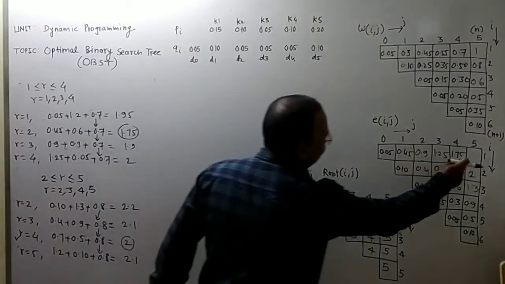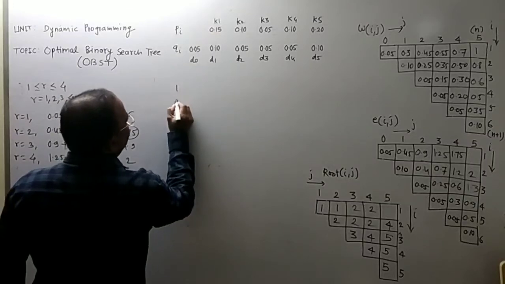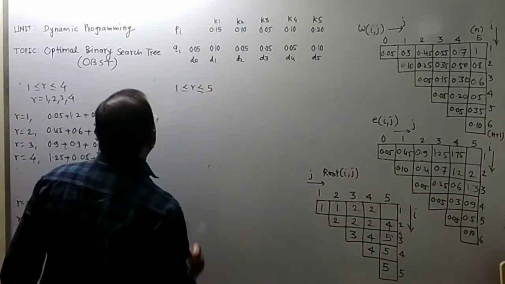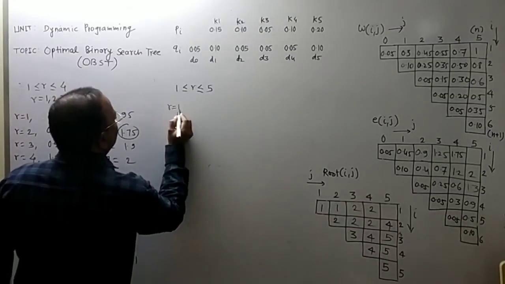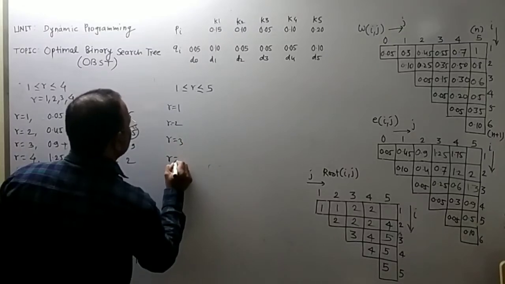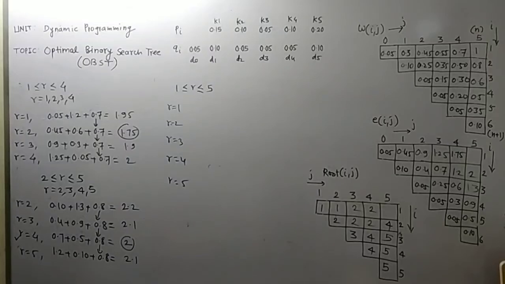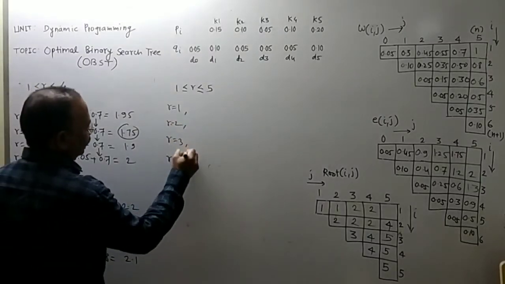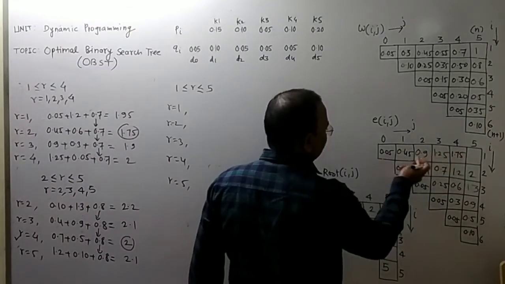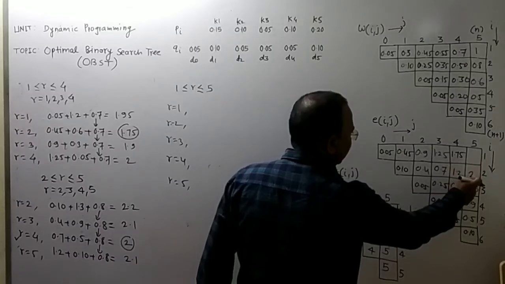Now find out the value for this cell, that is 1, 5. I is 1, less than equal to R less than equal to J, which is 5. R is equal to 1, R is equal to 2, R is equal to 3, R is equal to 4, R is equal to 5. So you will get the 5 values. For that, consider the last value on the left hand side and the first value on the down side.